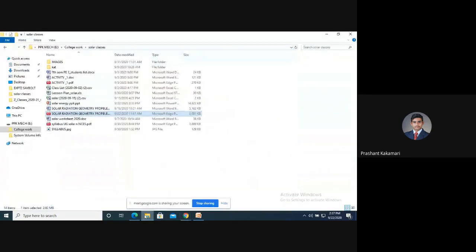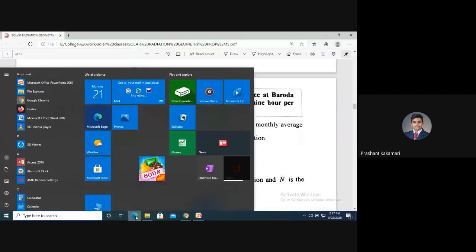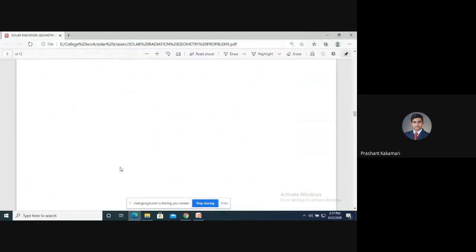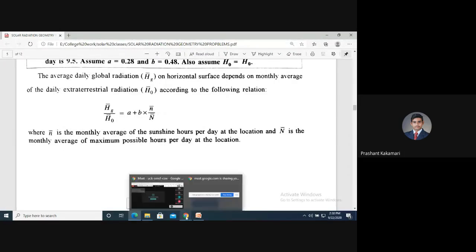So now we'll see what the next step is. Here we need to find the day length. Okay, we need to find H naught, the monthly average extraterrestrial radiation, and for that we have the correlation.